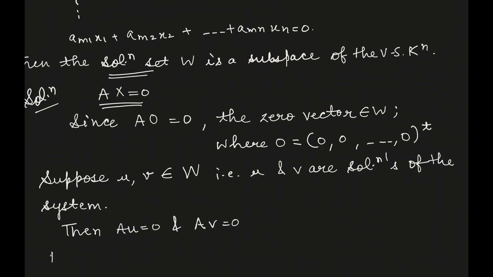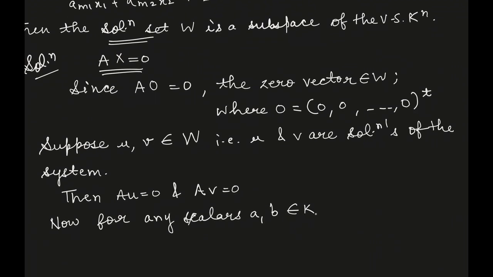Now for any scalars A and B belonging to K, we will have A(AU plus BV) is equal to, constant can come outside, A times AU plus B times AV. AU is 0, AV is 0.